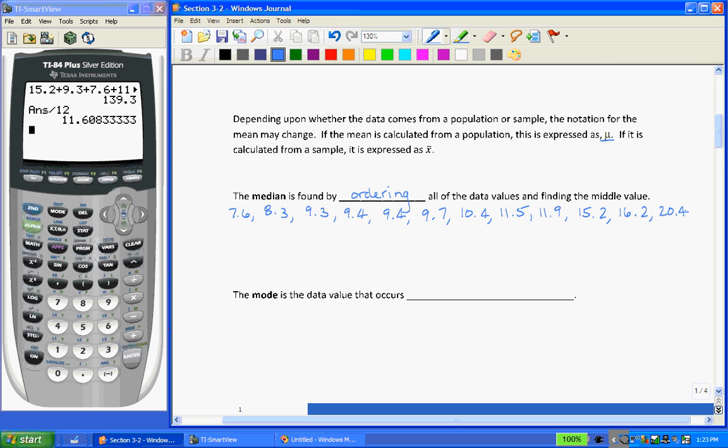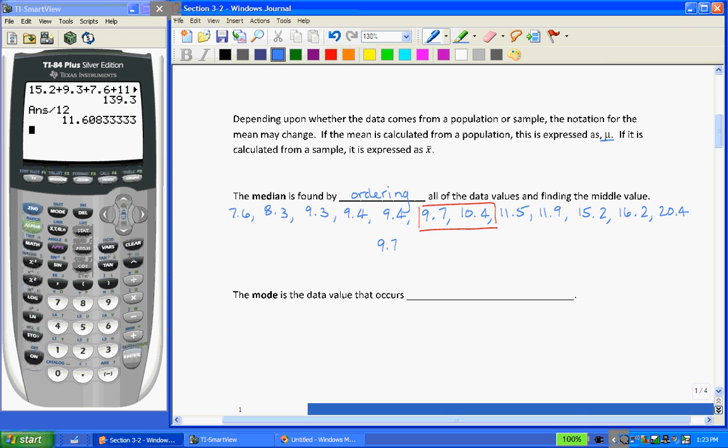So after I put all the data values in order, the median is the value that's sitting right in the middle. Well, if you look at our data set, we had 12 data values, which is an even number. That means there's not a value sitting right in the middle. So if you have an even amount of data values, you're going to take the average of the two middle values. Since there's 12 data values, that means we're going to look at the 6th and 7th data value. So that for us will be these two values, 9.7 and 10.4.